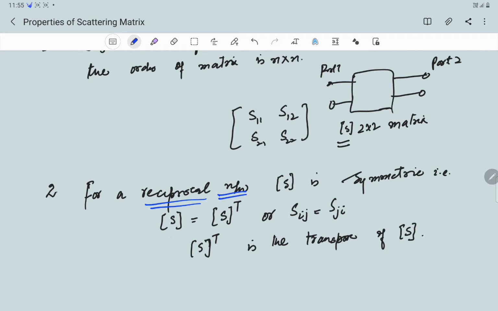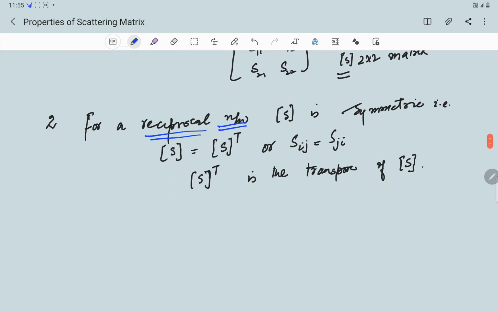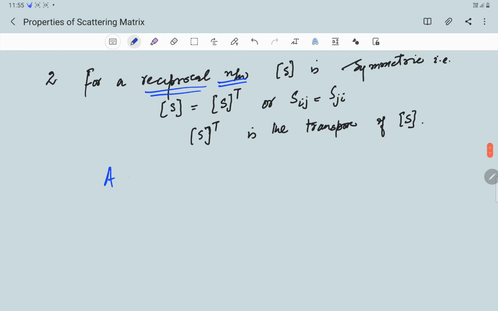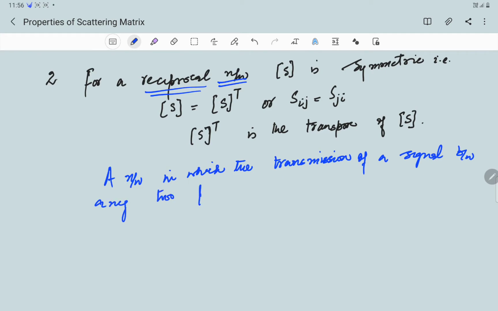Now the question is, what is a reciprocal network? A reciprocal network, as you must be knowing, is a network in which the transmission of a signal between any two ports does not depend on the direction of propagation.